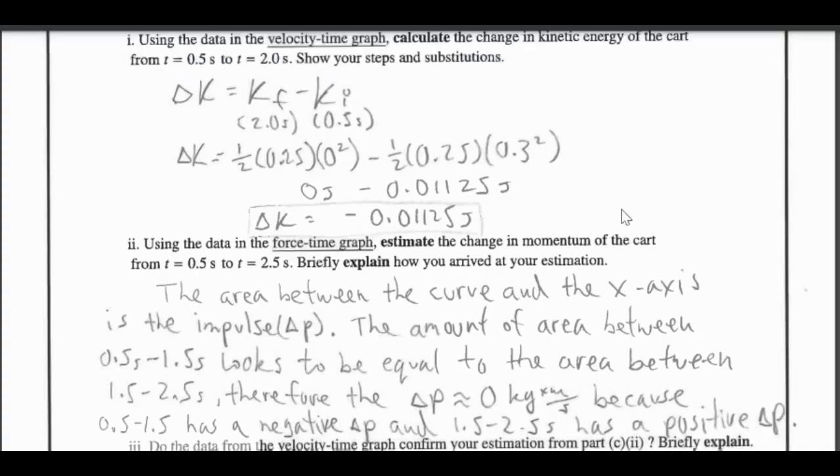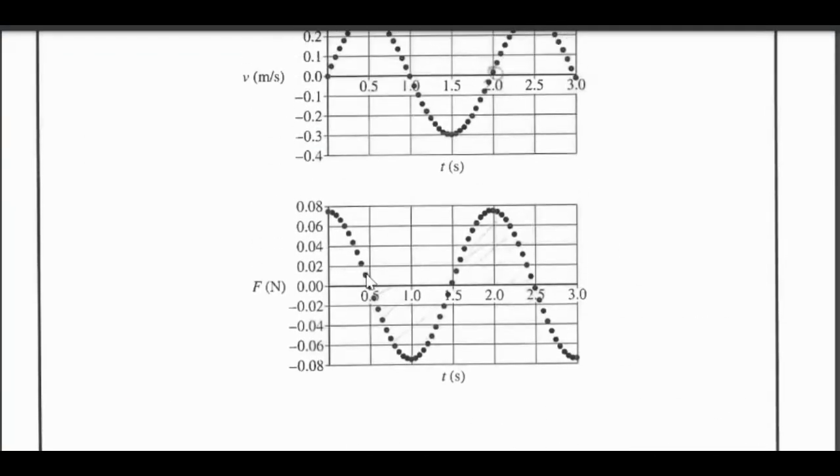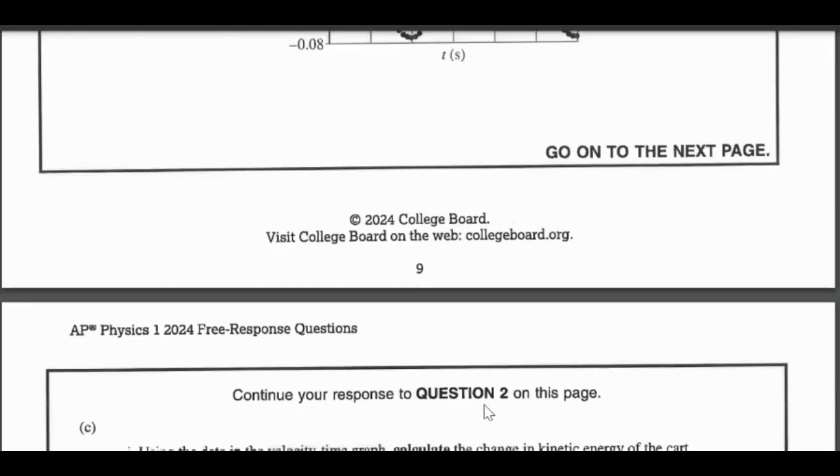So from 0.5 to 2.5, I'm going to go ahead and look at it. So here's 0.5 to 2.5. Now I immediately notice that I have this portion underneath in the negative region, and then this portion over here that is basically the same thing in the positive region. So I'm already predicting that it's going to be about 0 because I'm going to have some negative value here that's going to match this positive value, and they're going to cancel each other out.